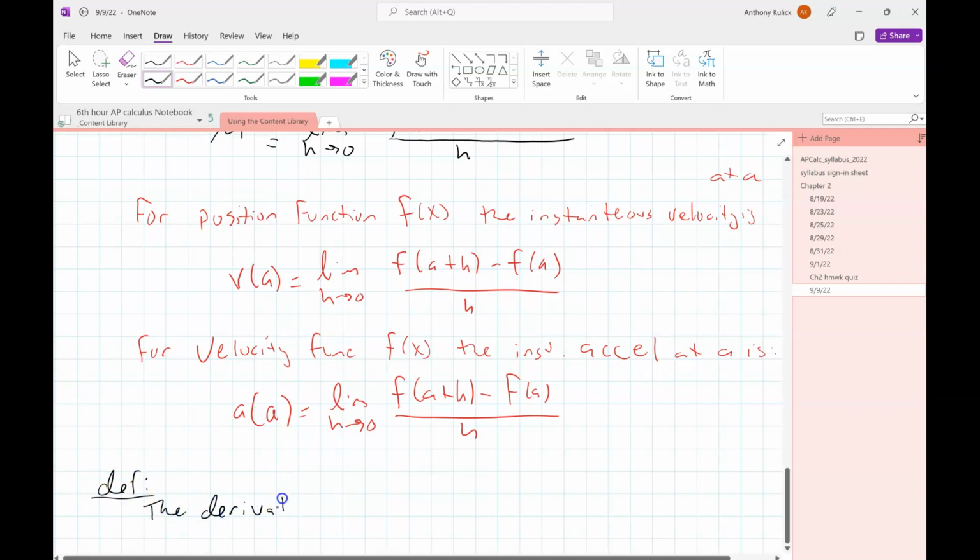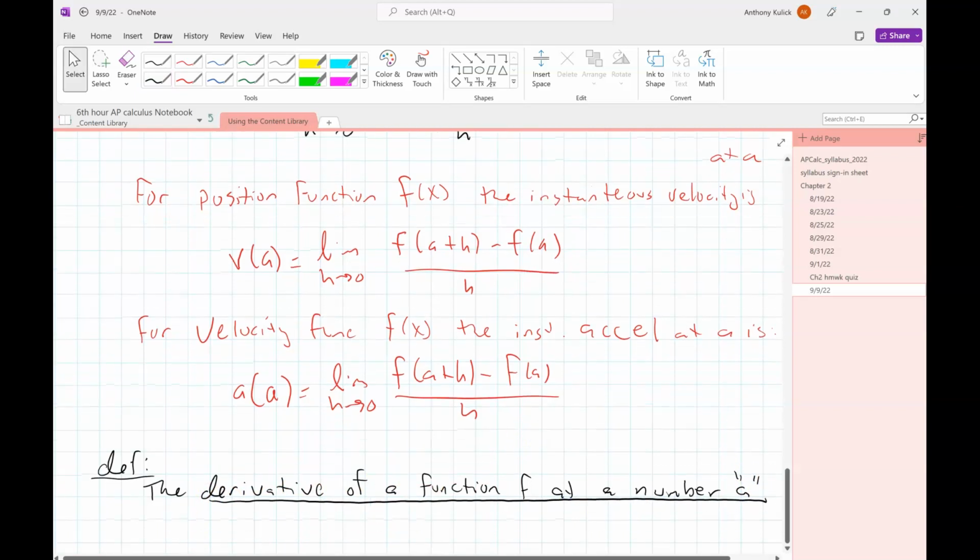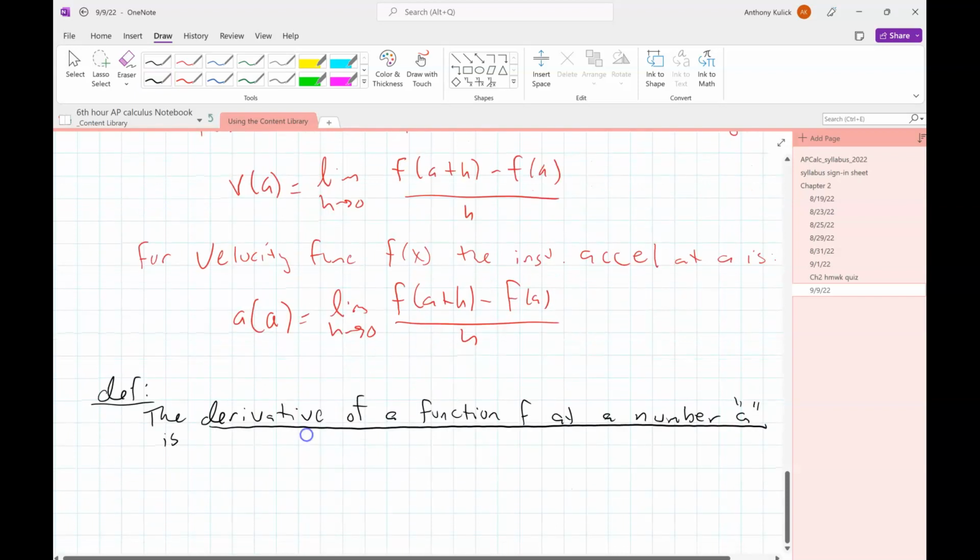So we'll start and guess what the formula is? The same thing, right?